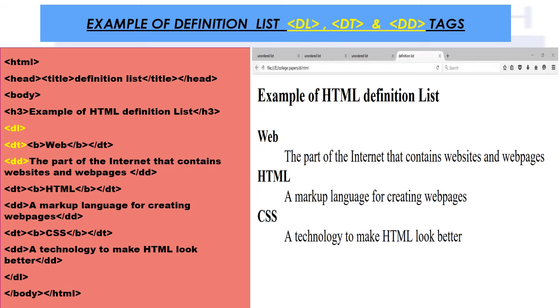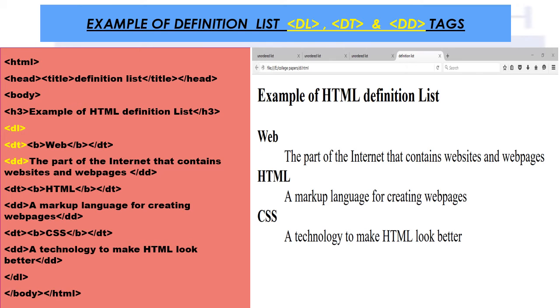You can see in the H3 tag, example of HTML definition list. So you are defining the three terms: web, HTML, CSS. Here you can see web, the definition of web, definition of HTML, definition of CSS. If I want such type of output, you have to use the definition list.